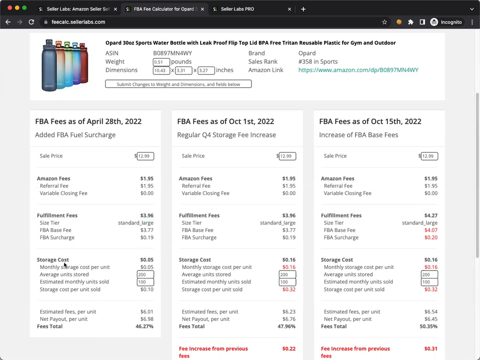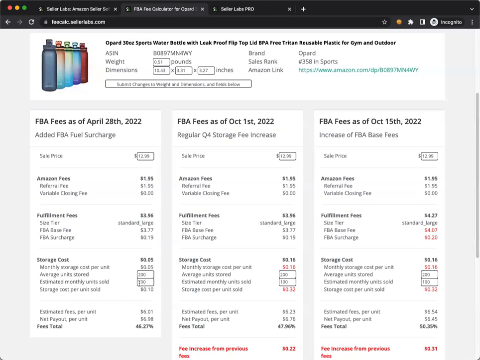And then on the storage side, so the fulfillment fees are charged whenever you sell a product. The storage costs, they take a look at your average units in inventory over the course of a month and charge this on a monthly basis. So there's a couple numbers here that help us calculate that on a per unit sold basis.